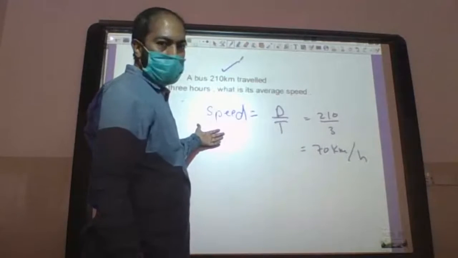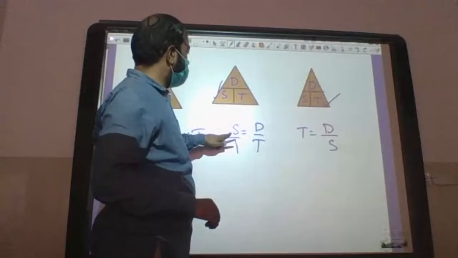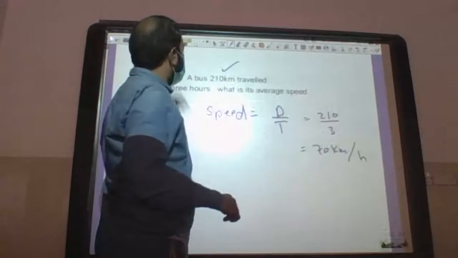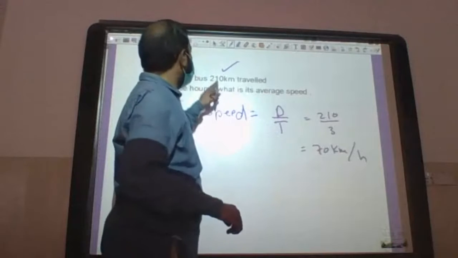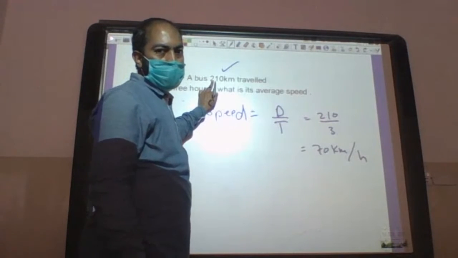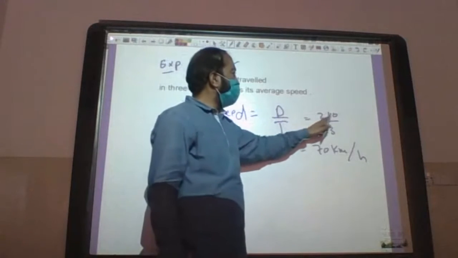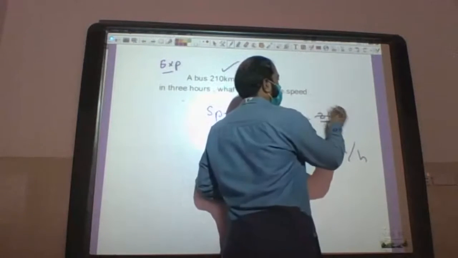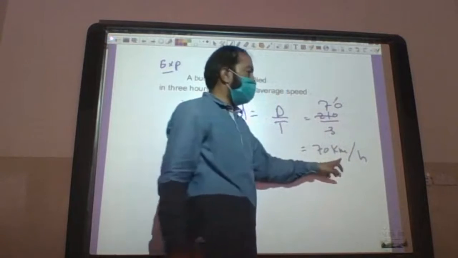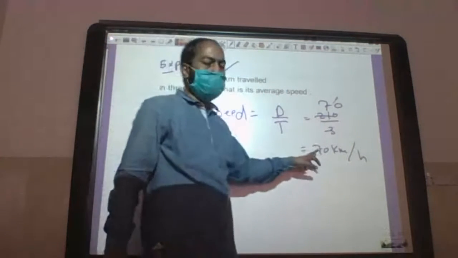You know the speed formula: distance over time. What is the total distance? 210 kilometers. Divided by the time, 3 hours. When you solve it, it will give you 70 kilometers per hour. It means in 1 hour it will cover 70 kilometers.